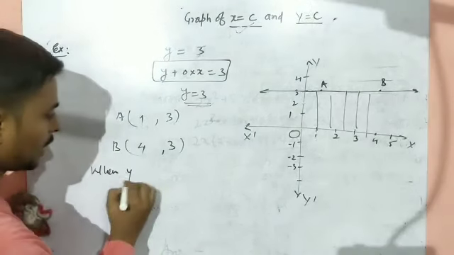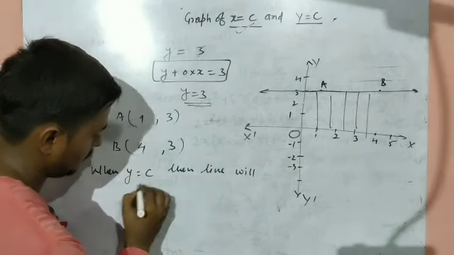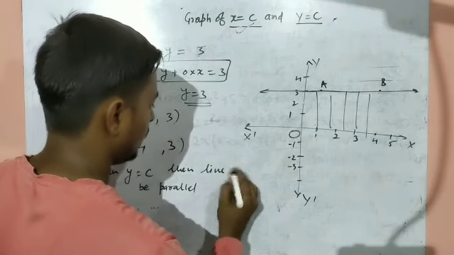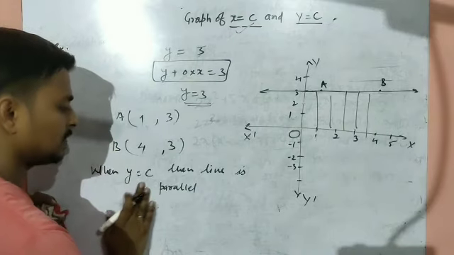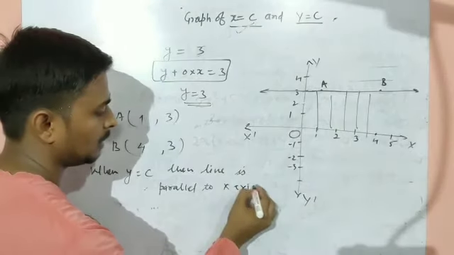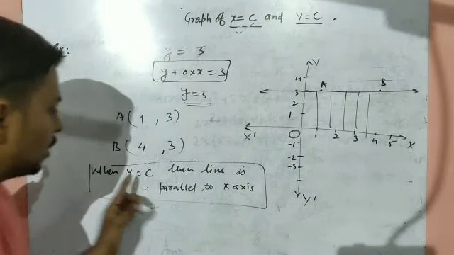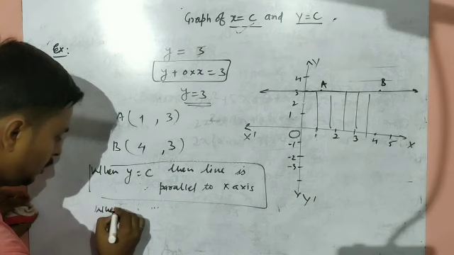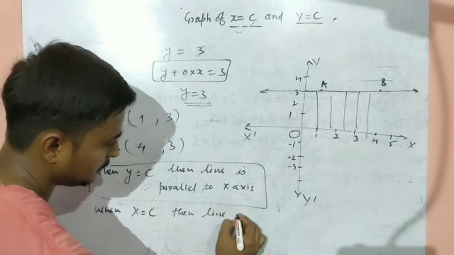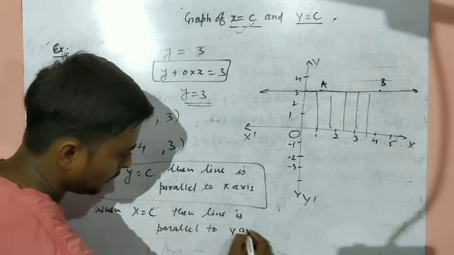So the rule is: when y is equal to c, the line is parallel to the x-axis, because y is fixed. These are just simple things to learn, the last two rules: when x is equal to a constant, the line is parallel to the y-axis.